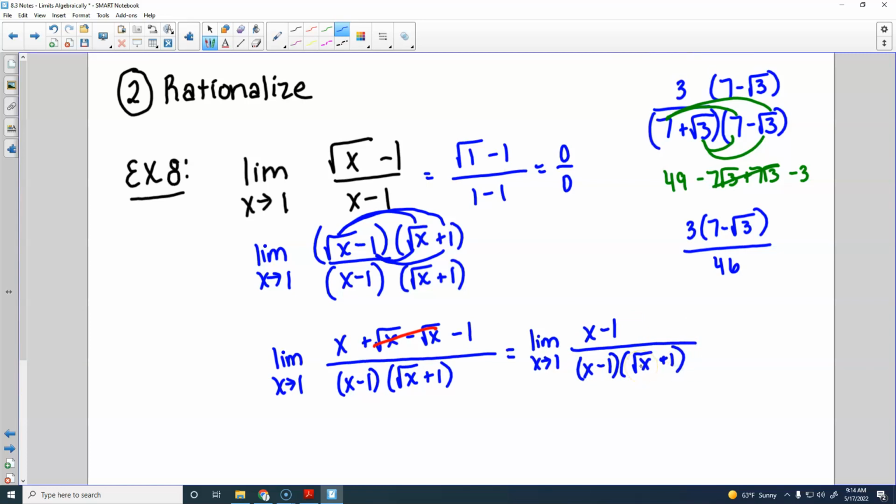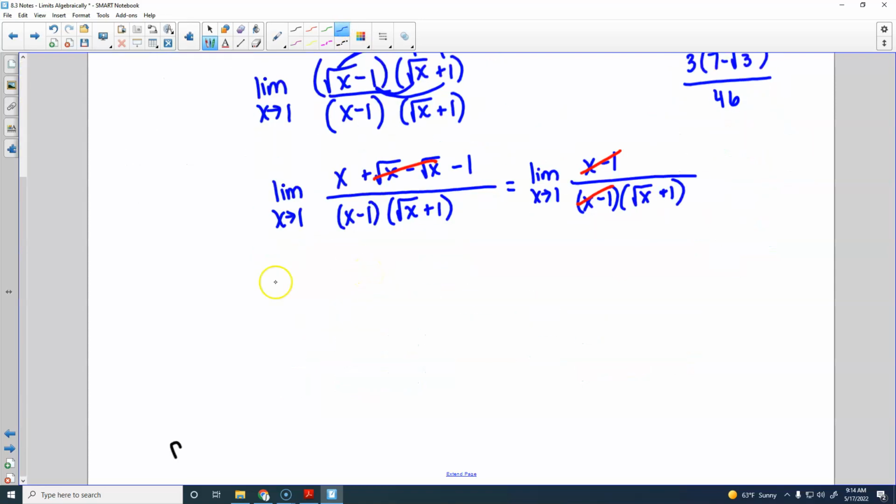And why is that good? The x minus 1s can cancel, which means at this point we have the limit as x approaches 1 of 1 over the square root of x plus 1.